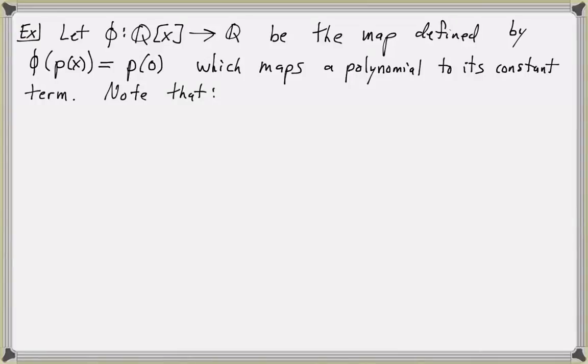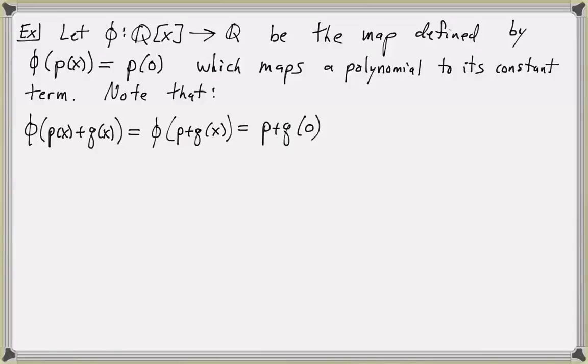So note that phi of p of x plus q of x, well, the sum of two polynomials can be written as the polynomial p plus q of x. So phi maps the polynomial p plus q of x to p plus q of 0, and this is equal to p of 0 plus q of 0, which gives us phi of p of x plus phi of q of x.